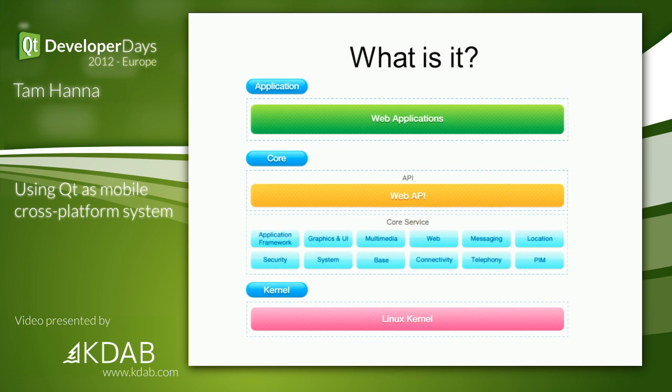Tizen is essentially a warm-up of WebOS from HP. It's essentially a Linux kernel which runs a web browser. I mean, HP failed at it. Palm failed at it. Why do they have to try it? I don't know. Either way, they need the web runtime engine from somewhere, and so they take it from Qt WebKit.